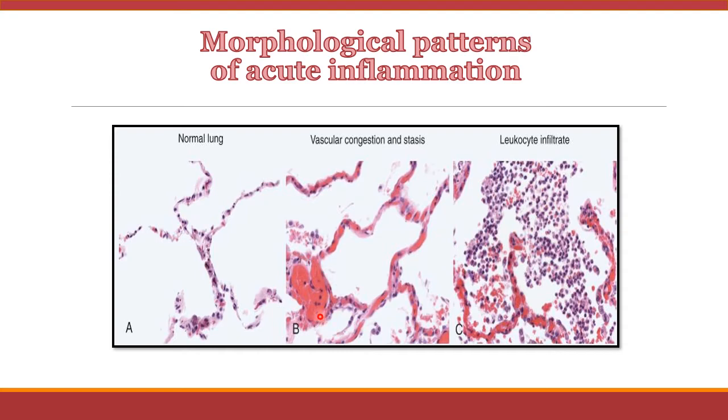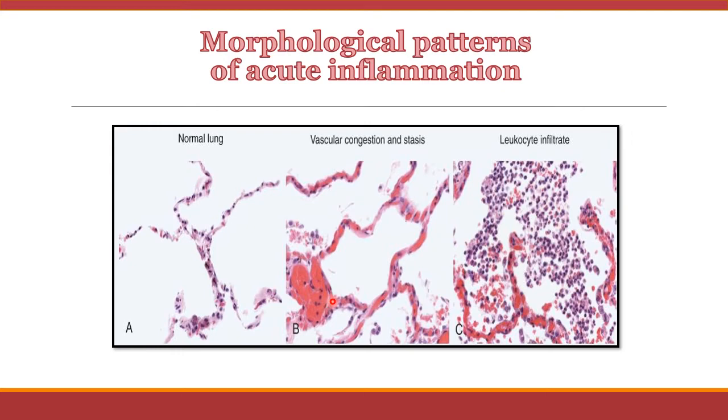So if we look here at this section and compare it to the normal, it's very clear here that there is a dilated vessel or congested vessel that is filled with blood. And even here, the small vessels in the alveolar septa are congested and they look more red than normal. So this is actually a representation of the vascular phenomena.